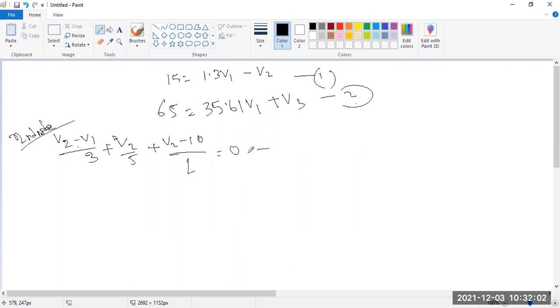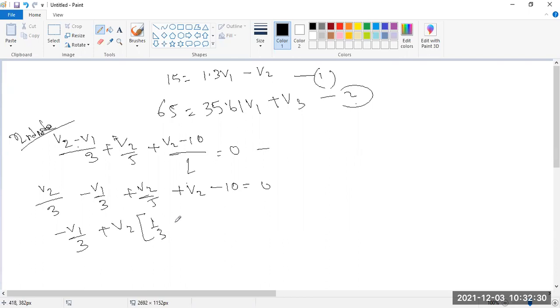Okay. So if there is an equation, then we can easily solve another equation. V2 by 3 minus V1 by 3 plus V2 by 5 plus V2 minus 10 equal to 0. And we get minus V1 by 3, and this plus is coming over here.